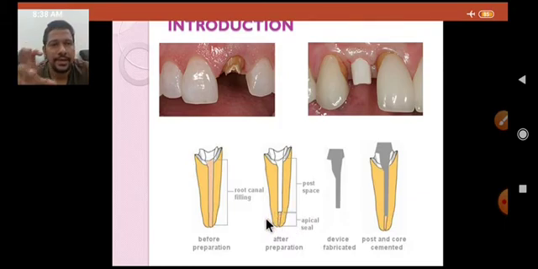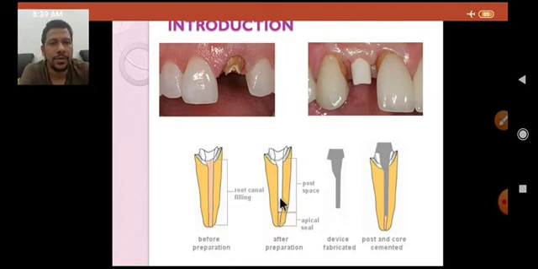What is apical seal? It means the seal on the apex which stops the movement of microorganisms into the tooth and away from the tooth. It acts as a barrier. That's why you should give an apical seal in this scenario.